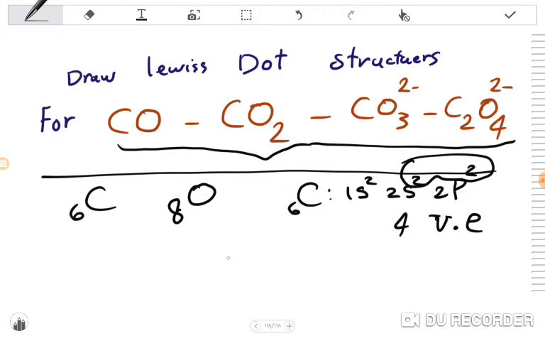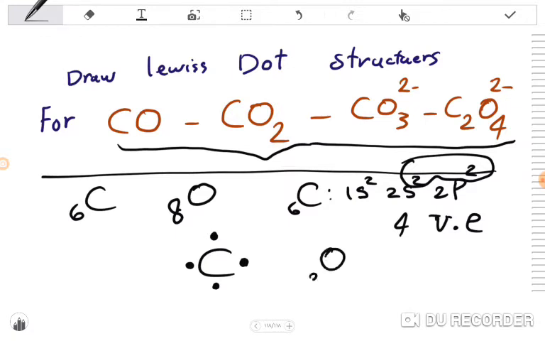And around the carbon, right, left, top, and bottom, we have only 4 lone electrons. As a result, we can see the carbon can have 4 covalent bonds with other atoms.